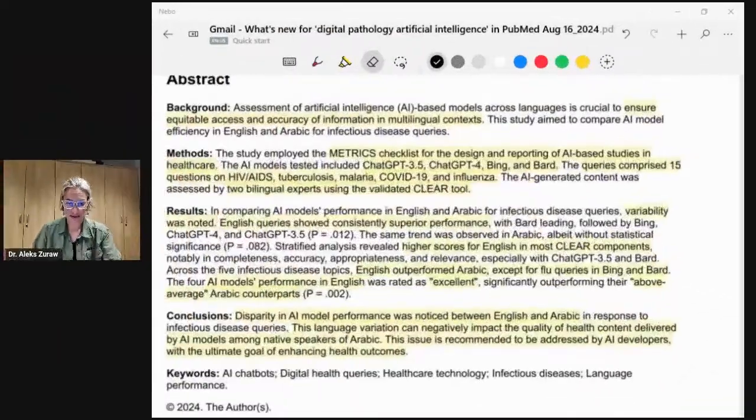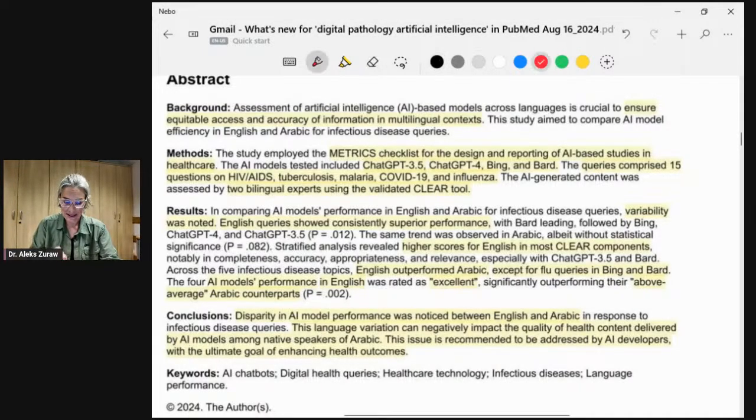But let's go back to the paper. These are my assumptions and my thoughts. So comparing AI models' performance in English and Arabic, variability was noted. English queries showed consistently superior performance. BARD was leading, then Bing, ChatGPT 4 and 3, and the same trend was observed in Arabic without statistical significance.